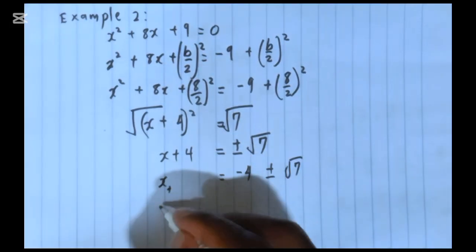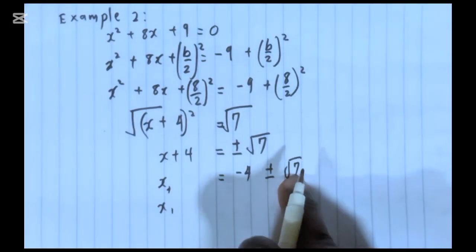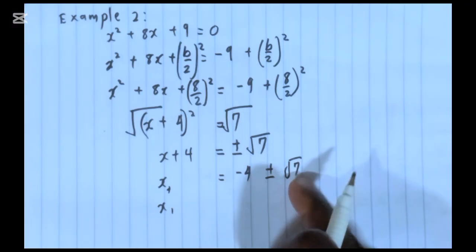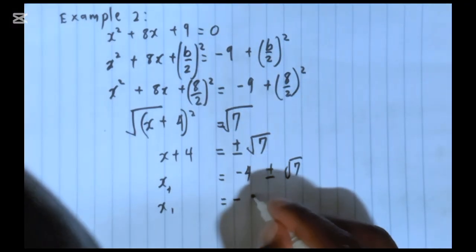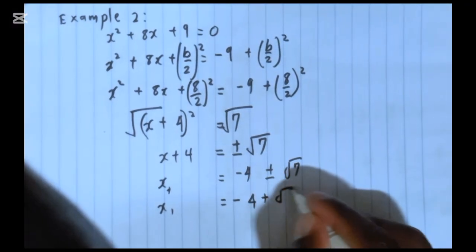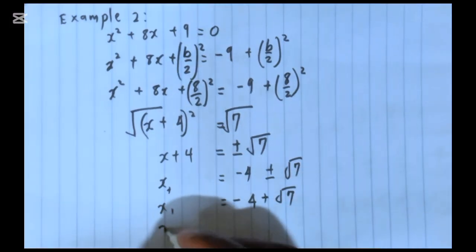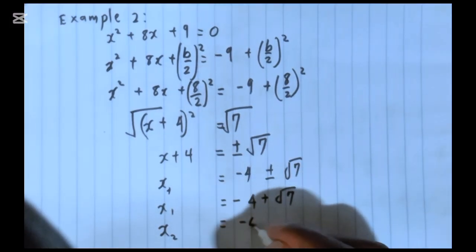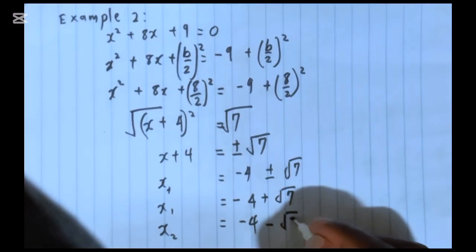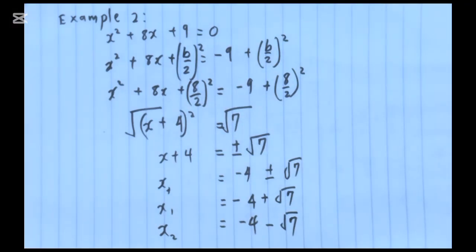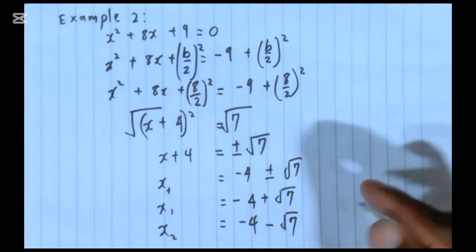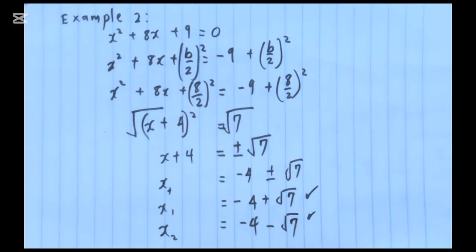For x1, we will treat the root of 7 as a positive, so it will be negative 4 plus root 7. And for x2, we will have negative 4 minus root 7. These two are going to be our solutions.